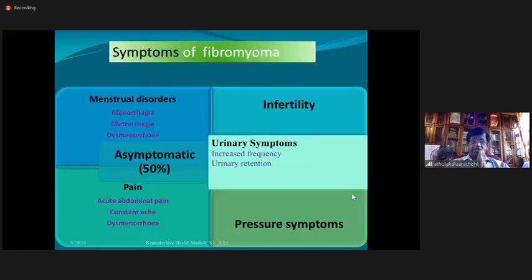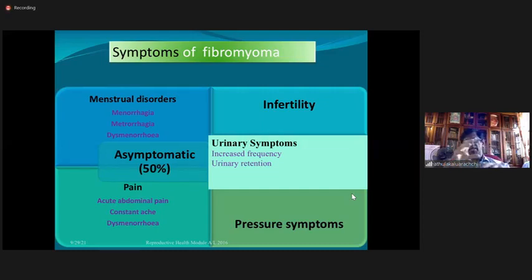Now, when you look at the symptoms that are likely to come with fibroids, there are about four main groups of symptoms. One, of course, is menstrual symptoms. The menstrual symptoms are likely when the fibroids are close to the endometrium.